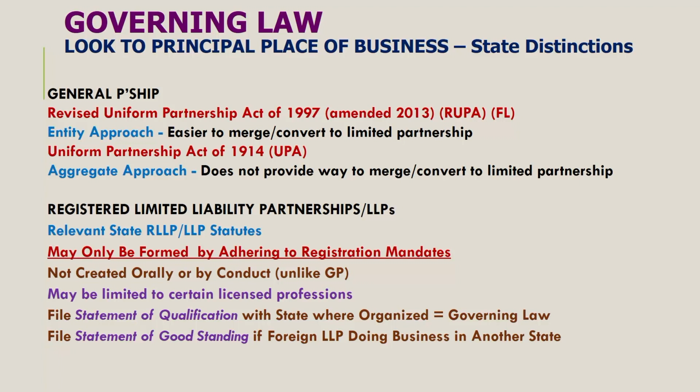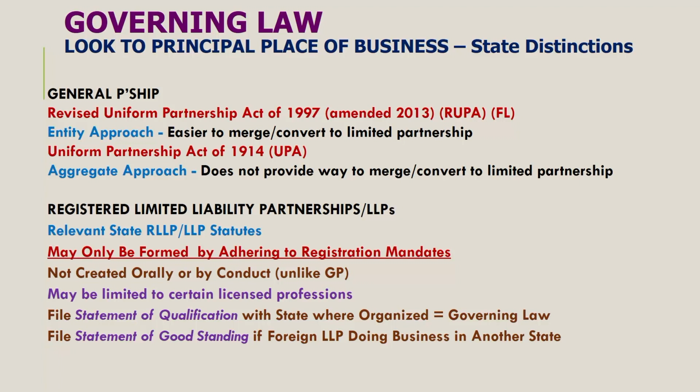All right, governing law. I've grouped these all together by category. When you think about the key differences between these business associations under the governing law, the liability issues, and disassociation or dissolution, just look at the big differences. With general partnership, we've got RUPA and UPA. The big difference is that RUPA is the entity approach: the general partnership is a separate business entity.